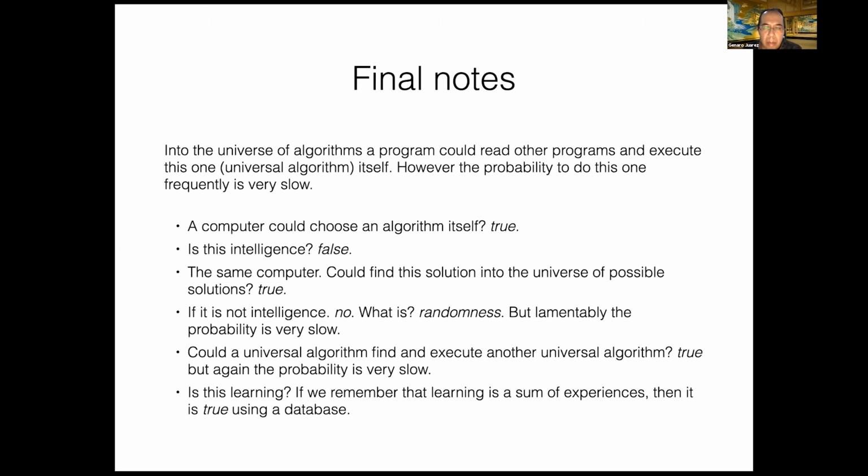If we remember that learning is a sum of experience, this is true using a database of some finite state machines, some neural networks, for example, but it is different from the human concept of learning.